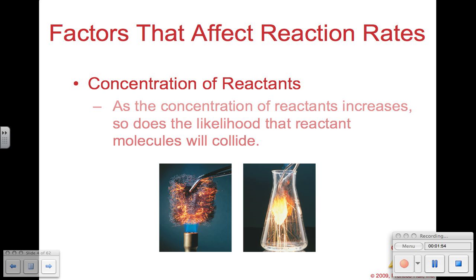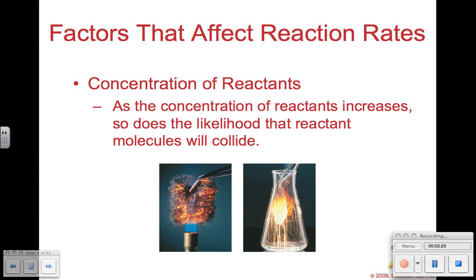Another factor that affects reaction rates is concentration. If you have more reactants that are able to combine, then you're going to get a faster or greater reaction. The picture here is of steel wool being burned. The first one is being burned over a flame in atmospheric oxygen, so it burns at some rate.